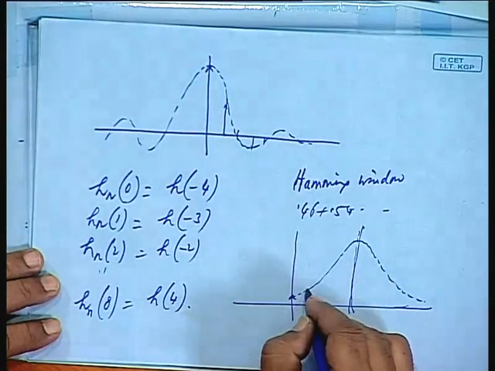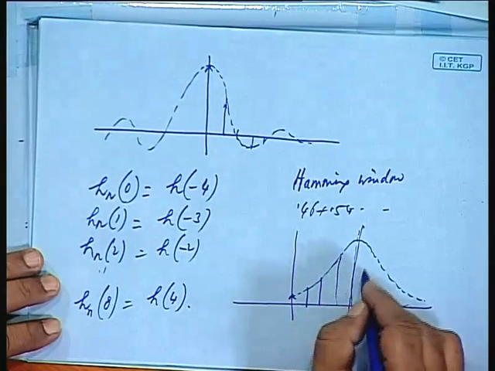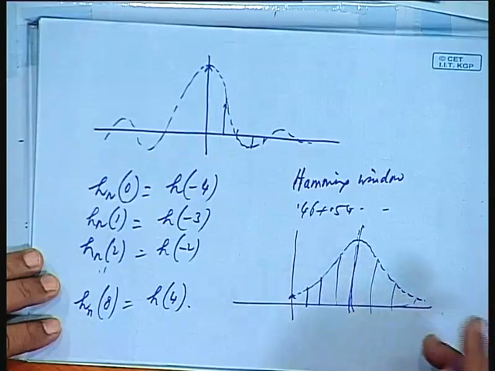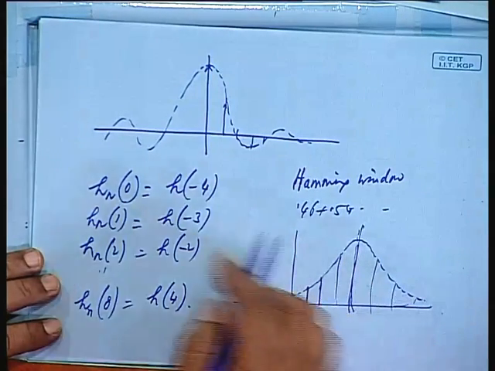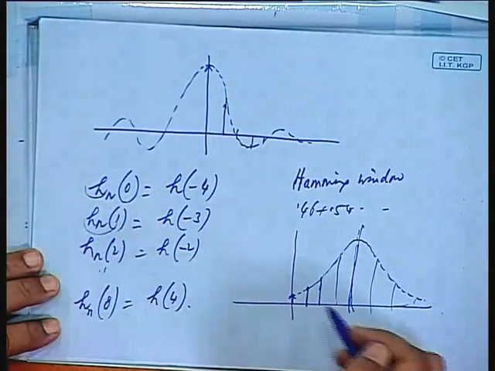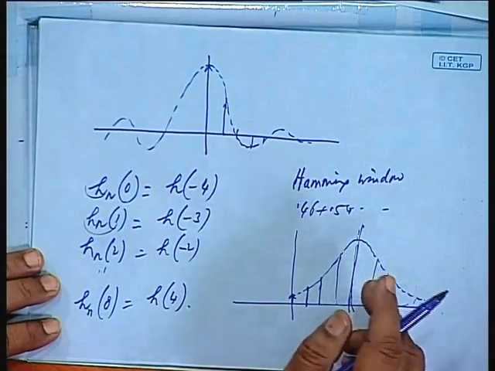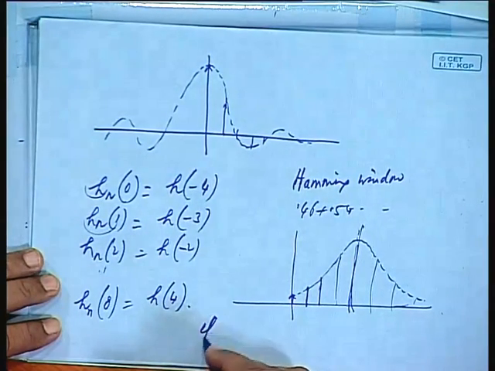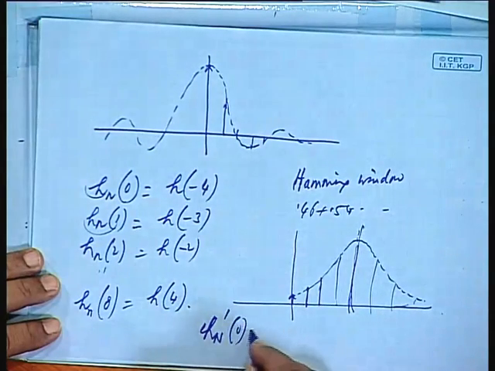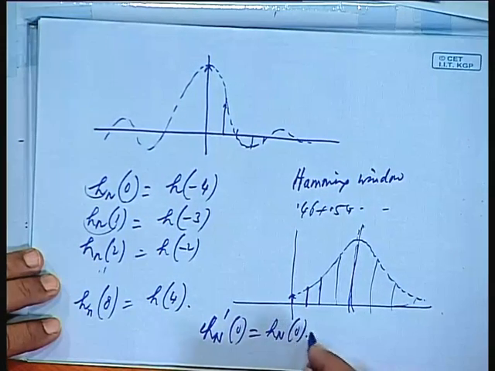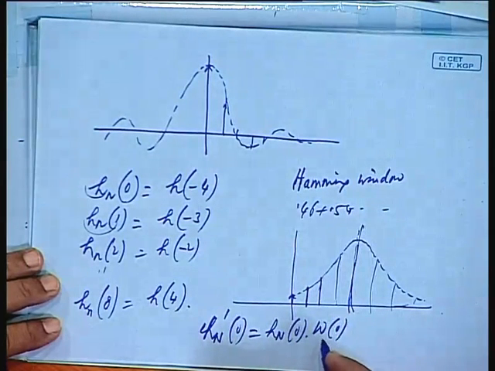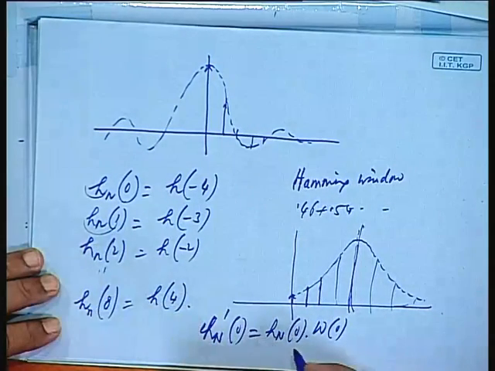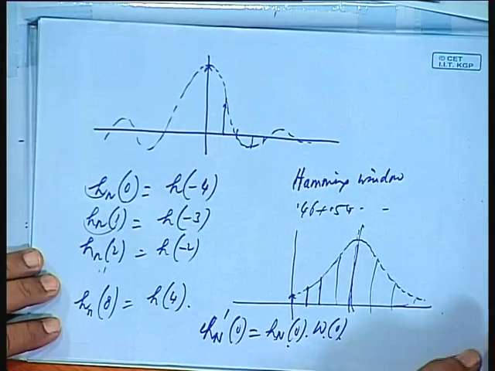So, there are values, these 9 values you have to take from here, multiply by these factors, these coefficients, that will be your actual realized window function, a realized filter function. So, I will get h n dashed 0, which is nothing but h n 0 into w 0, all right. Similarly, h n dashed 1 will be h n 1 into w 1. Is it all right?